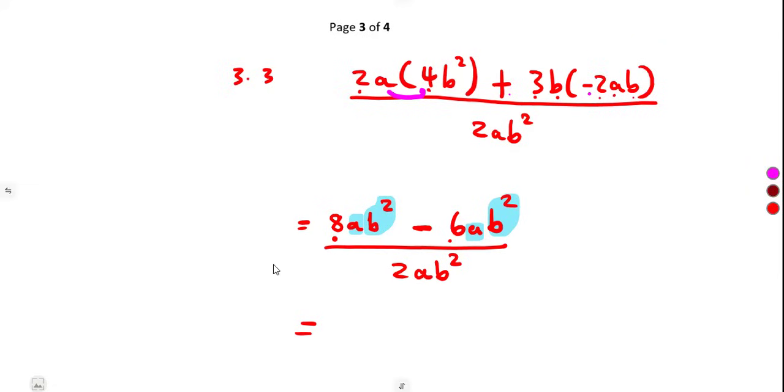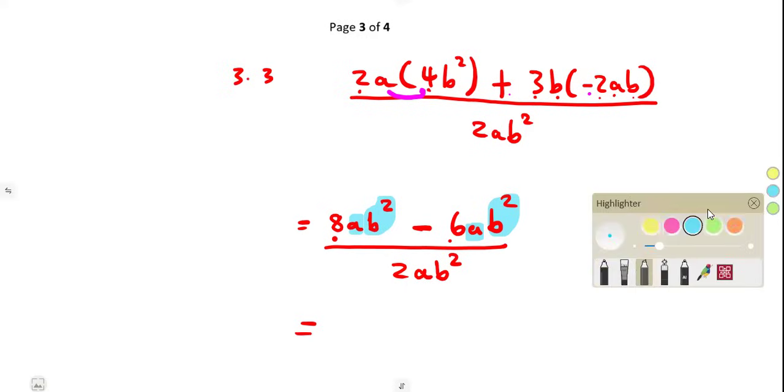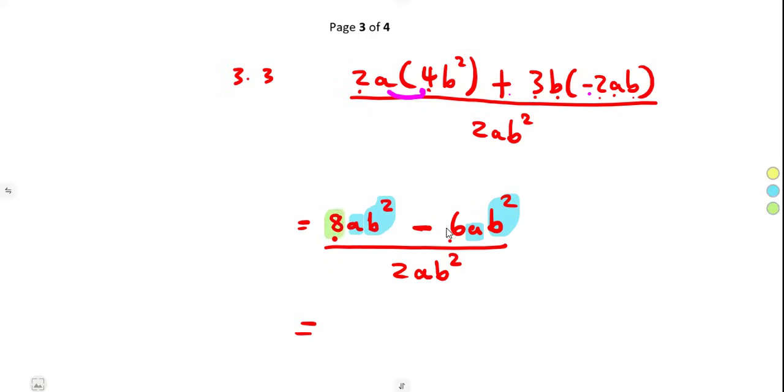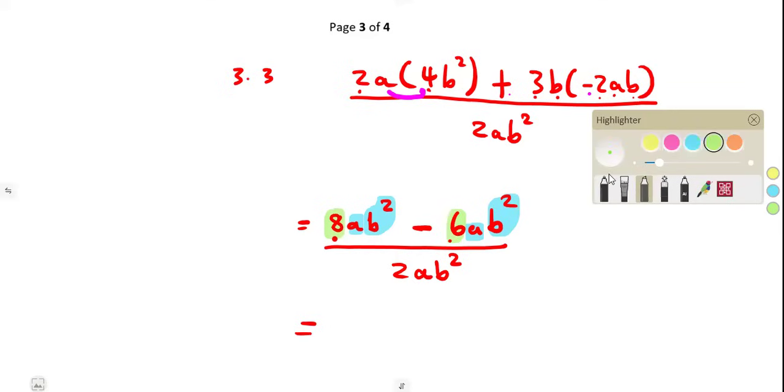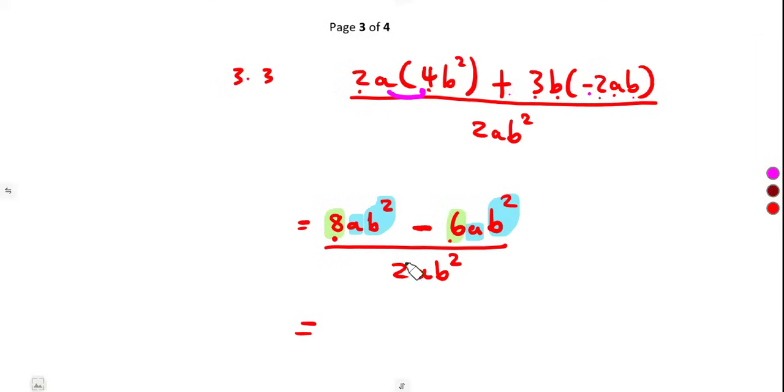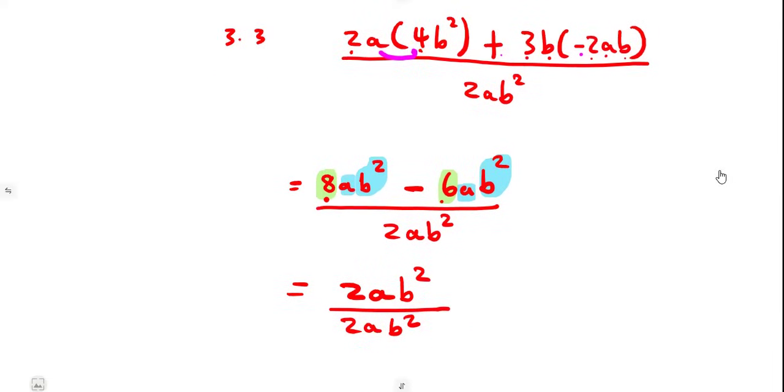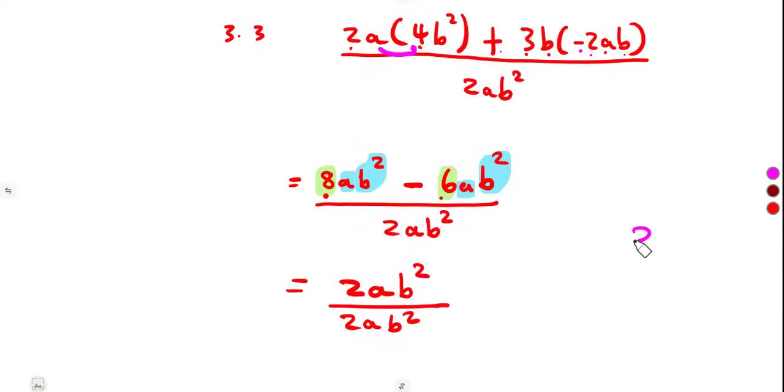We can subtract what? The coefficient of these like terms, the numbers, which are these ones, 8 and what? 6. So you can subtract 8 minus 6, which is what? Which is 2. The rest remain as it is, which is the ab squared over what? Over 2ab squared, like this. So this is what you're going to have. And as you can see, guys, it is just like you're given x over x. Guys, let us go back to our numbers. 2 over 2. What do you get?